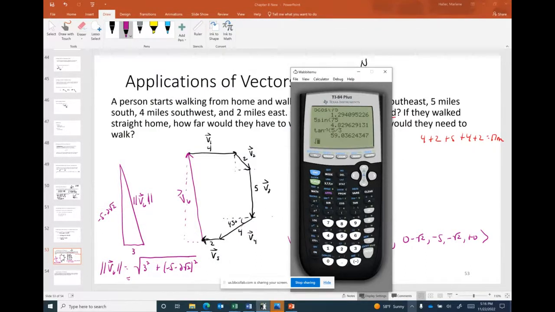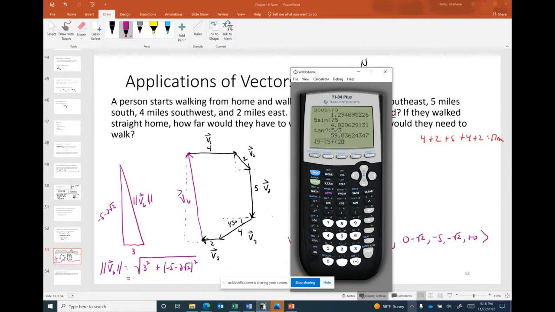So we want the square root of 3 squared. That's 9. And then plus a negative, so we'll just say minus 5 plus, I'm pulling the negative out, 2 square roots of 2 squared.